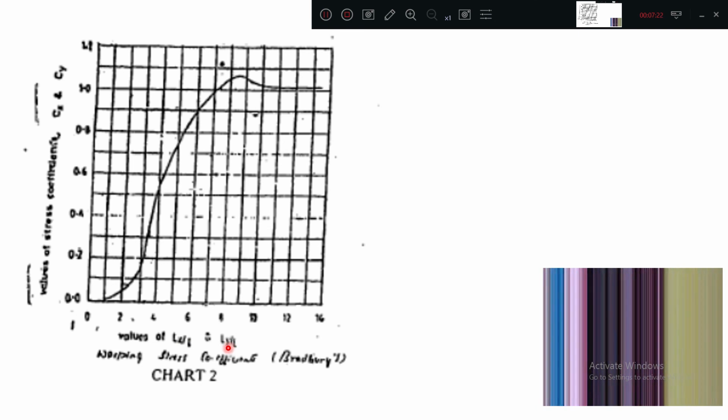Capital Ly is width of the slab. Again there is a small l, radius of relative stiffness. If Lx by L is 6, then take it here, project it here, meet that one, bring it here, it will be 0.9 Cx. It will be Cx equal to 0.9. Similarly for Cy. These are called Bradbury coefficients. Okay.